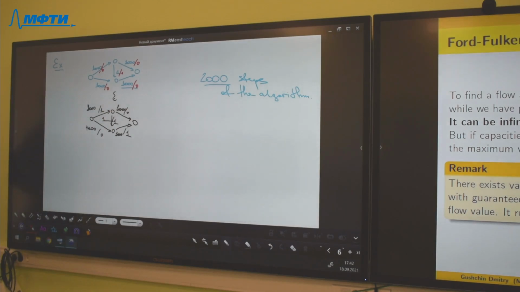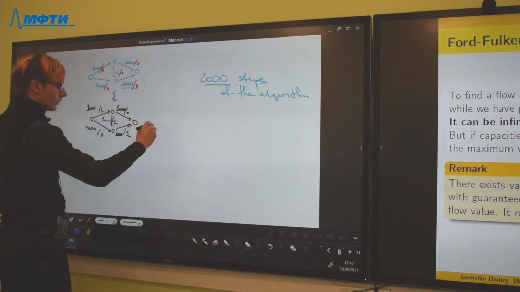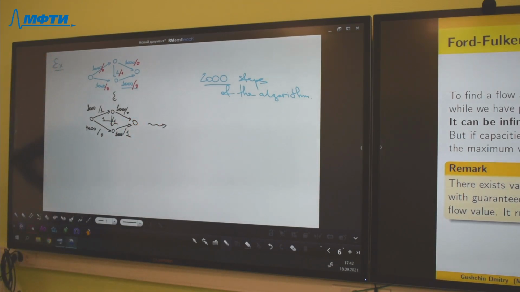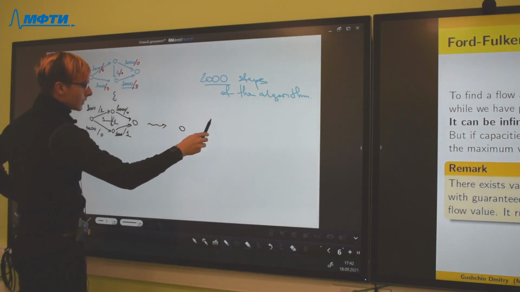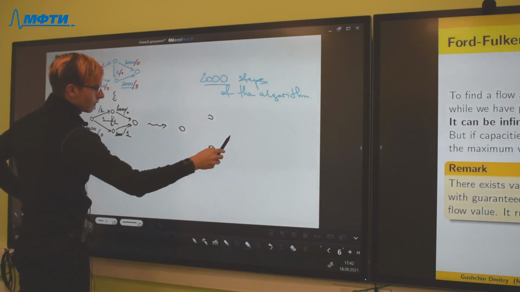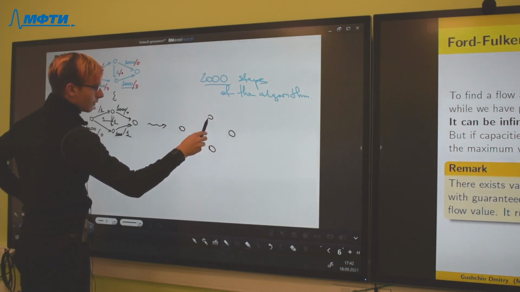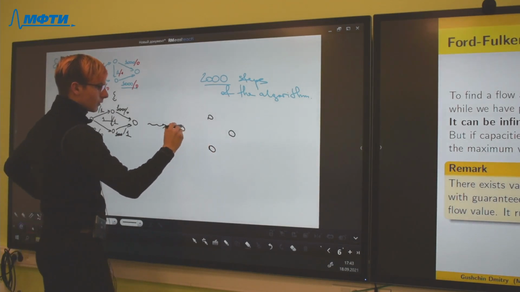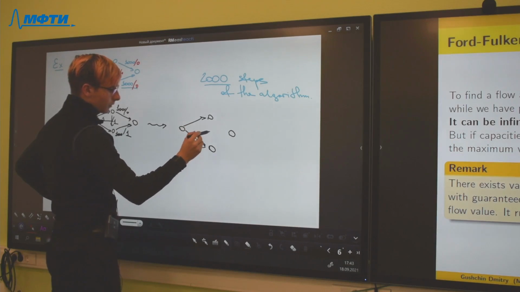As in the previous example, then we increase flow through this edge, and decrease flow through this edge. And we get a new flow.